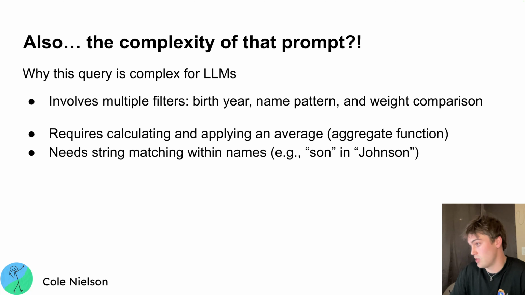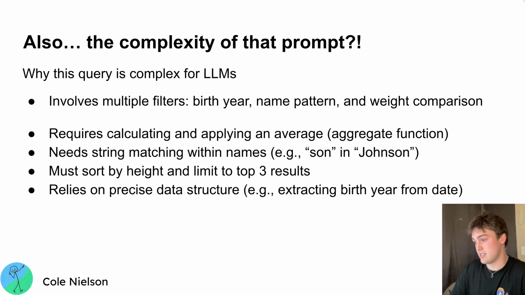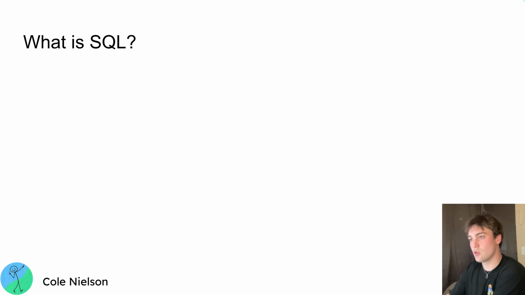It needs string matching with names, like matching "son" to Johnson, which it would have a hard time doing. It must sort by height and limit to the top 3 results. And it relies on precise data structure, extracting birth year from a date. Okay, so what is SQL?